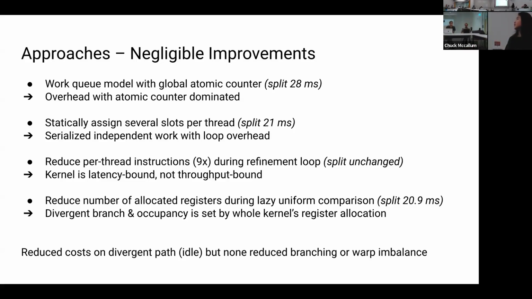And it made the execution time a little bit slower, and that was because even though I was able to reduce the number of registers for that particular function by around half, in the logic I accidentally created a divergent branch because of an early exit condition, and because of that divergent branch, that dominated any time that was saved by fewer registers being used.